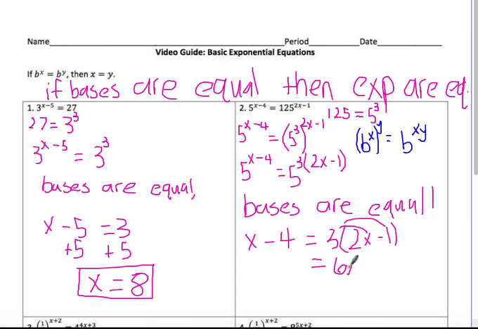We have 6x minus 3 equals x minus 4. Then negative 5x equals negative 3 plus 4, which is 1. And then we see that x equals negative 1/5.